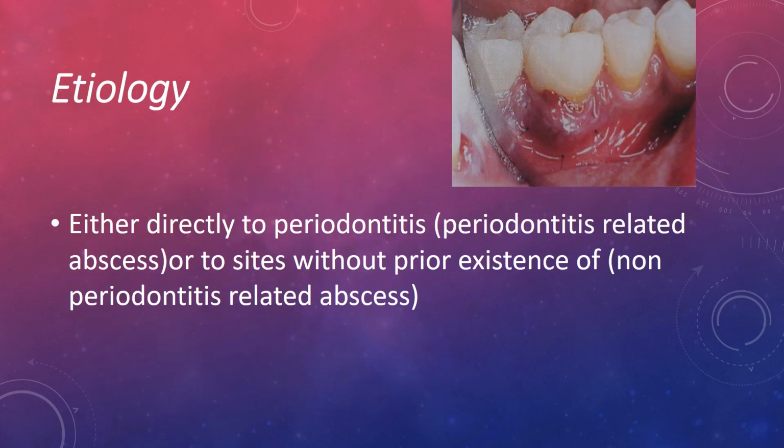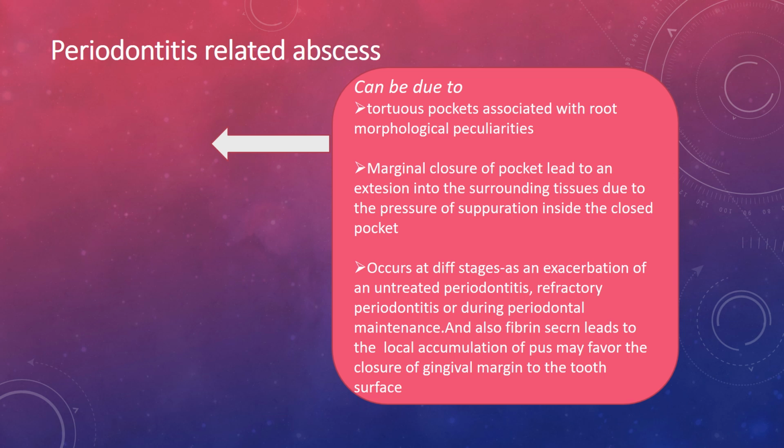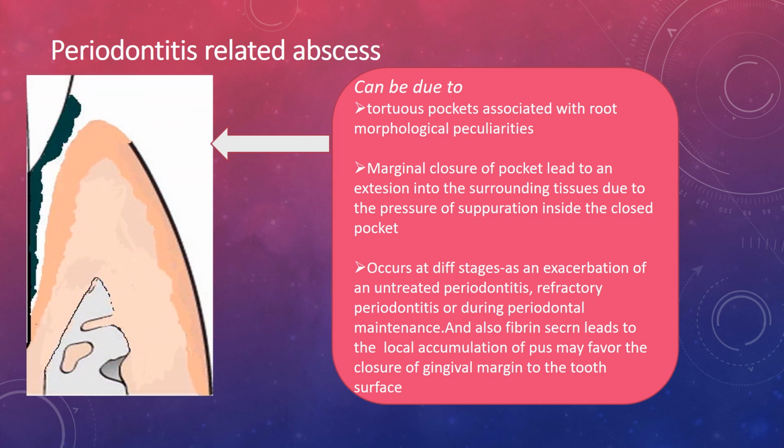Coming to the etiology, it can be due to periodontitis, that is periodontitis related abscess, or to sites without prior existence of periodontitis, that is non-periodontitis related abscesses. For periodontitis related abscess, the reasons can be tortuous pockets with root morphological peculiarities.